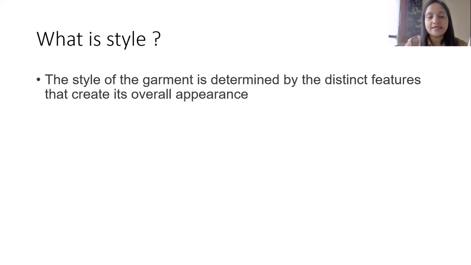What is a style? There is always a conflict between style, fashion, and trend. Style is one's expression. For example, if I am wearing a shirt right now, some people prefer a shirt with folded sleeves, like I have done.